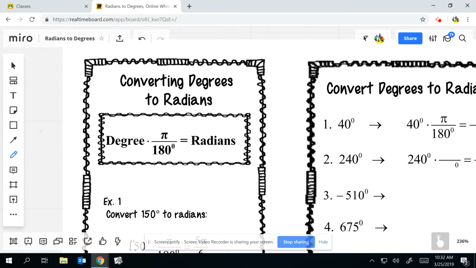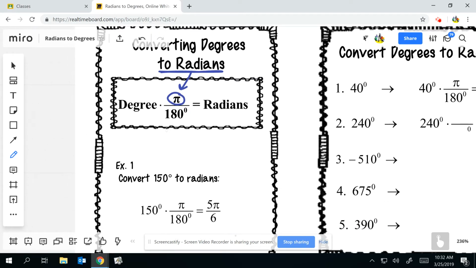If you want to go to radians, you multiply by our conversion, but you put the radian number on top. We learned that pi radians is 180 degrees. Halfway around the circle is 1 pi. So pi radians is 180.